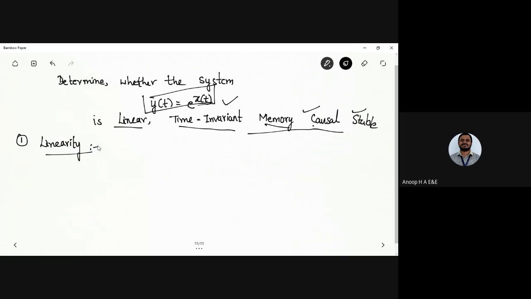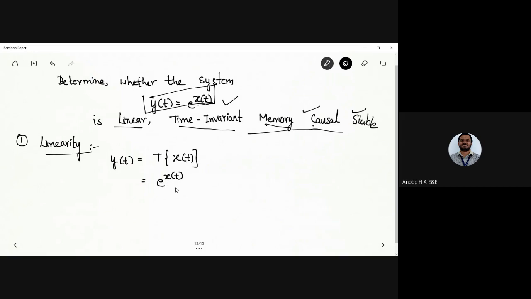So how I am doing it in the class or in these online sessions, I think we can focus on this. We have y of t, which depends on T of the input signal x of t. I can write it as e power x of t, the exponential signal.